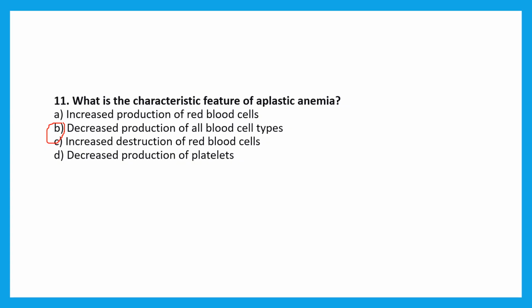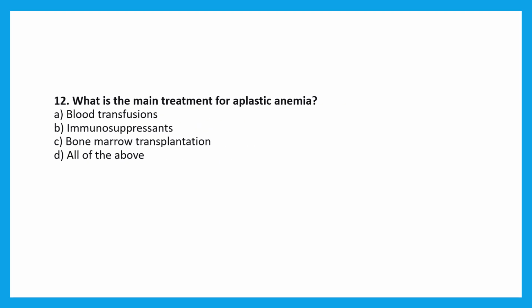Yes, aplastic anemia is defined by bone marrow failure leading to pancytopenia, which is a decrease in all blood cell lineages. That includes red blood cells, white blood cells, and also platelets, and therefore B is the best choice for question number 11.